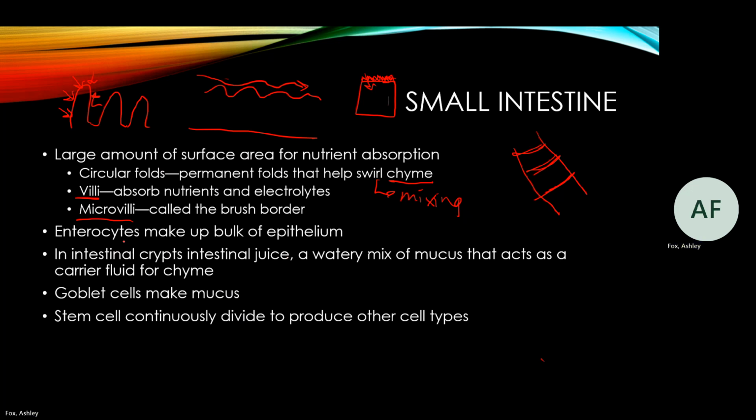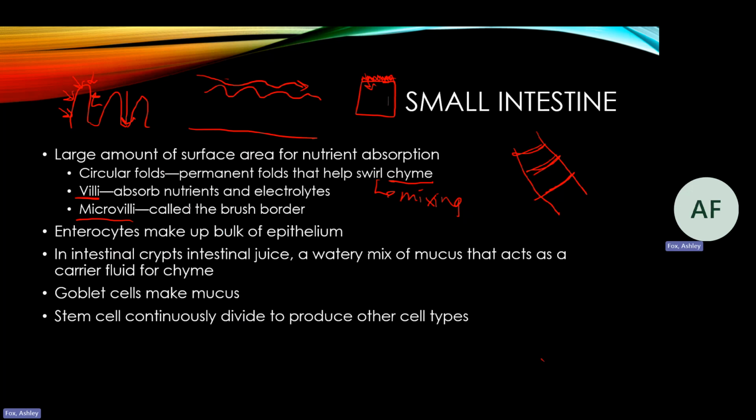So enterocytes are these cells. Enterocytes are going to be the epithelial cells with the microvilli, the brush border. You also have crypts. So down in the valleys is going to be intestinal crypts.